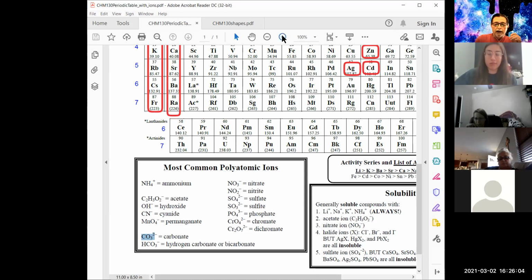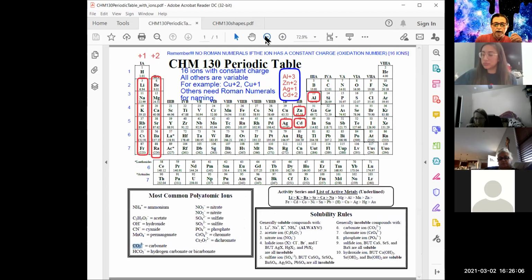Now, let me go back to the anions. And I'm going to just focus on the ones that are used quite often. For example, nitrogen and phosphorus. Okay. These are nonmetals. And so when they become ions, they gain electrons. Nitrogen and phosphorus, they're in group 5.